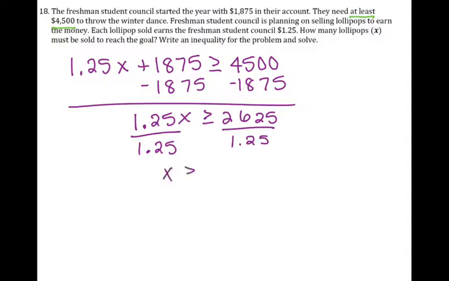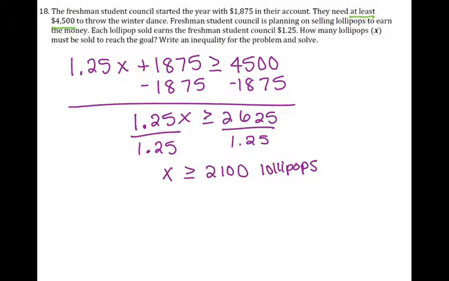So I have x is greater than or equal to 2,100 lollipops. That's a lot of lollipops. So that means they need to sell at least 2,100 lollipops to meet their goal of having at least $4,500 for the winter dance. Okay, so that covers everything from Unit 1.